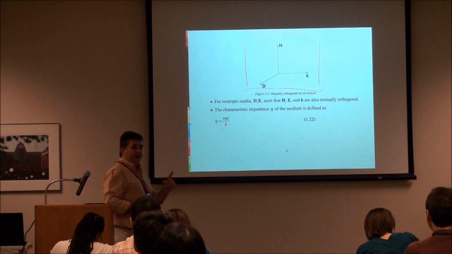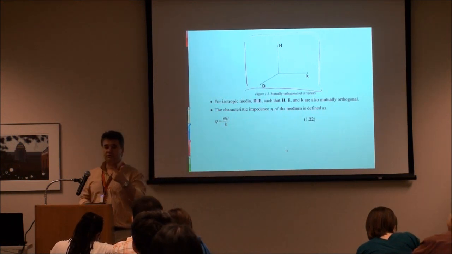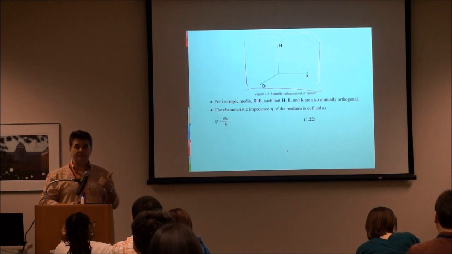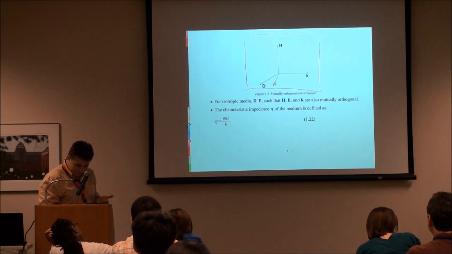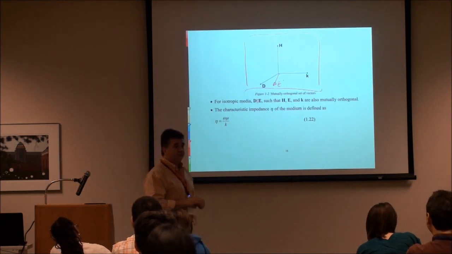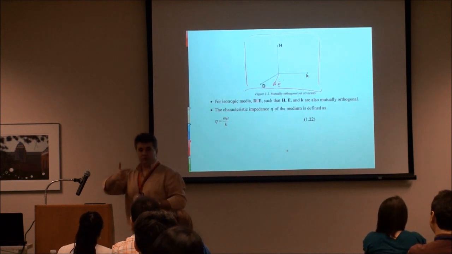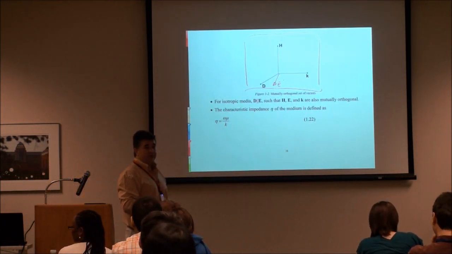It's something to do with the fact that epsilon is a matrix in the general case, and d is not necessarily parallel to e. Okay? So e could be like this. That's okay. So if somebody's telling you, oh, e is not perpendicular to my k, that's okay. It can happen in crystals, in anisotropic materials.